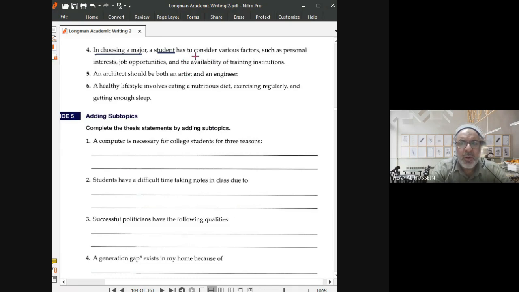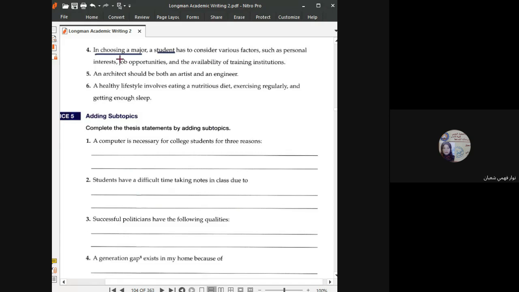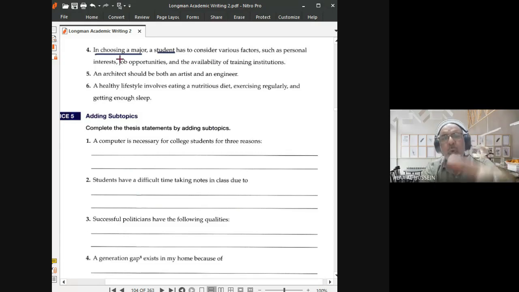To consider various factors. Consider various factors about what? About the student or about choosing a major? About choosing a major. Okay, so that's why this is the topic. Here we have the controlling idea: has to consider various factors.